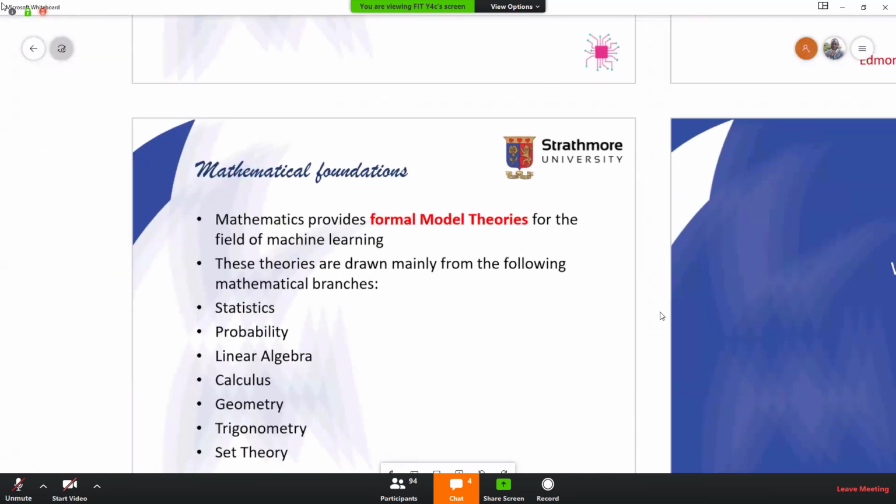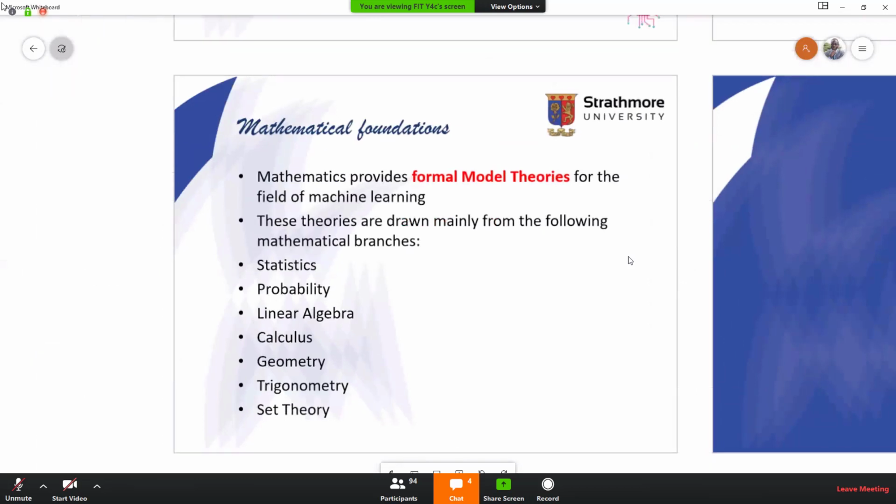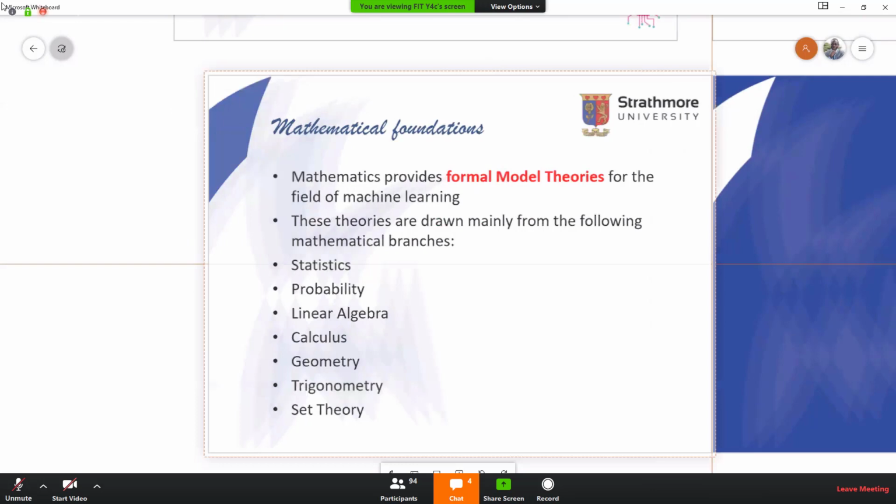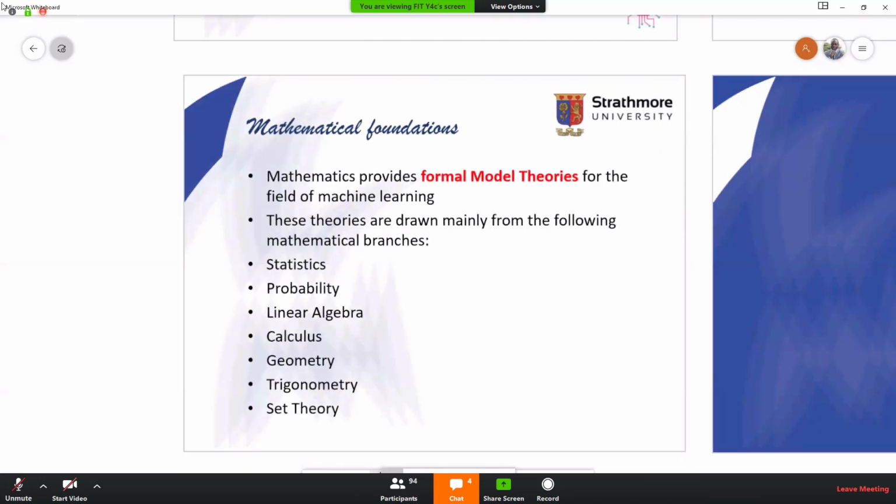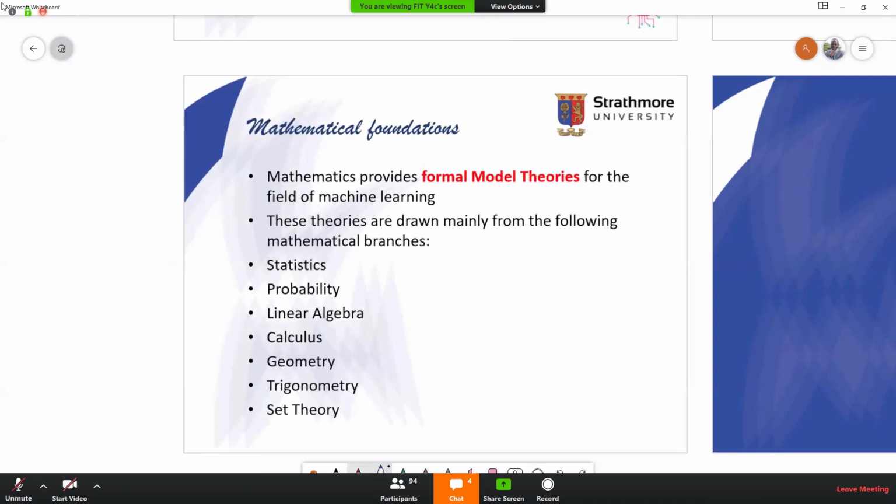This is what I want you to know: machine learning and AI is driven by what we call formal mathematical models. I talked about a model, and I told you what a model is. It is a representation of the real world.